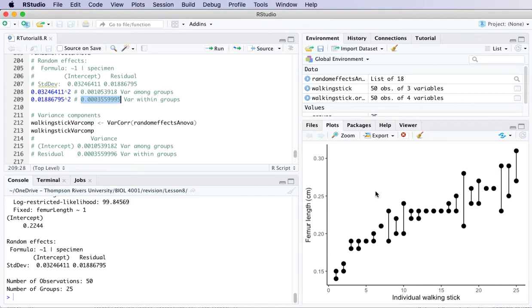So we could imagine that this graph in that case would have really wide distances. So these lines would be large, but the variability from the very large walking sticks to the very small walking sticks, there wouldn't be much of a difference there.